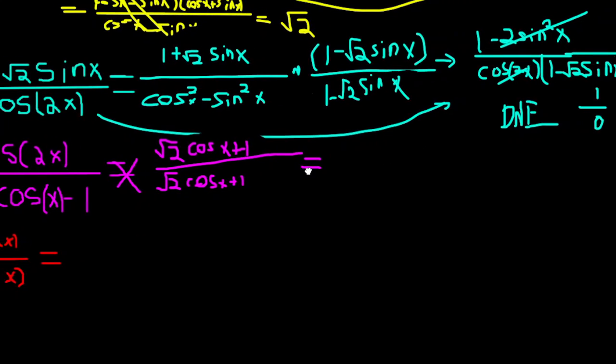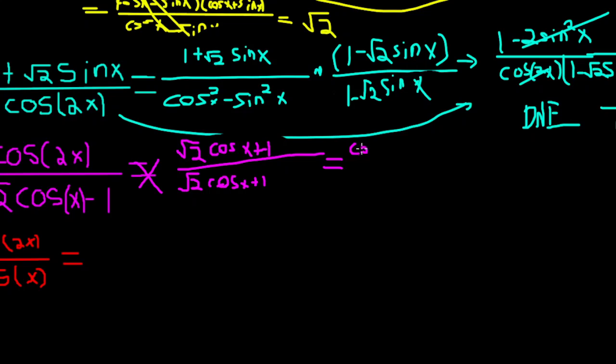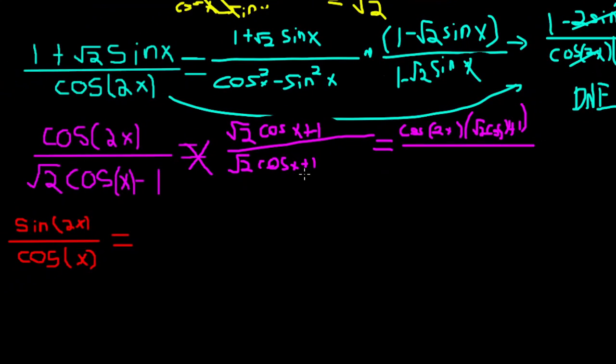And that's going to get us cosine 2x times square root of 2 cosine x plus 1, all over, difference of squares here.